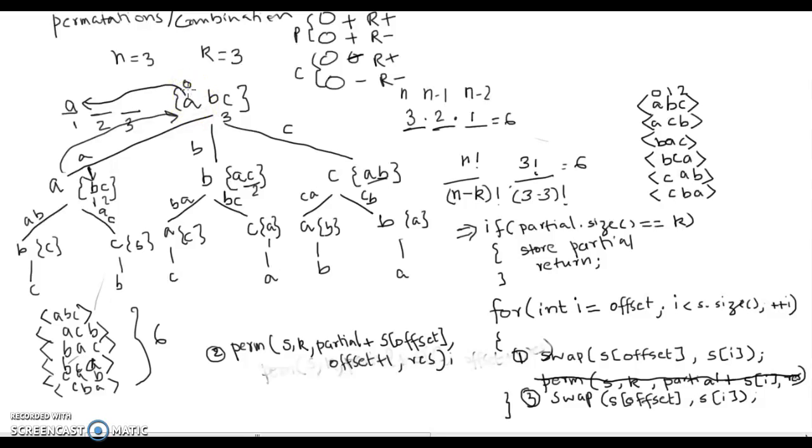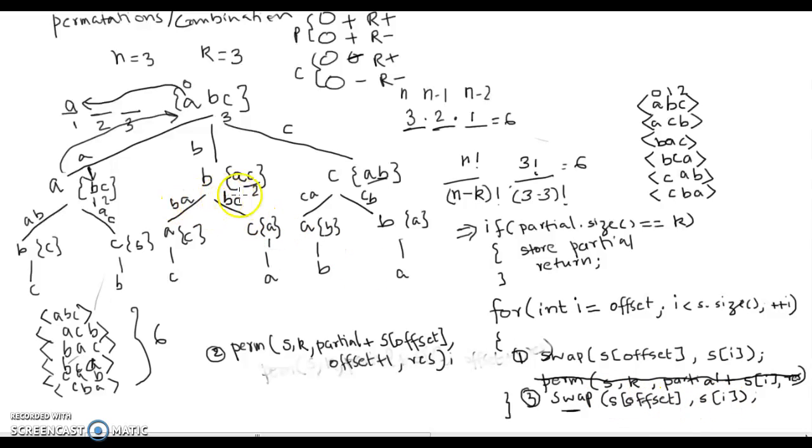So for the offset 0, we had added that, and then we called our recursion, and then the recursion added this, and then for this we did this swap, and we collected, and then we returned back here, right? Now for the zeroth offset, swapping 0 with 0 is not going to do anything, because I is 0 and offset is 0.